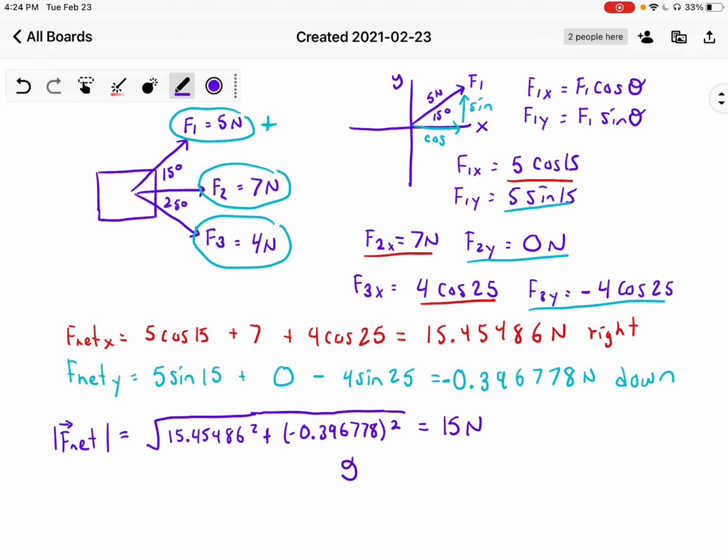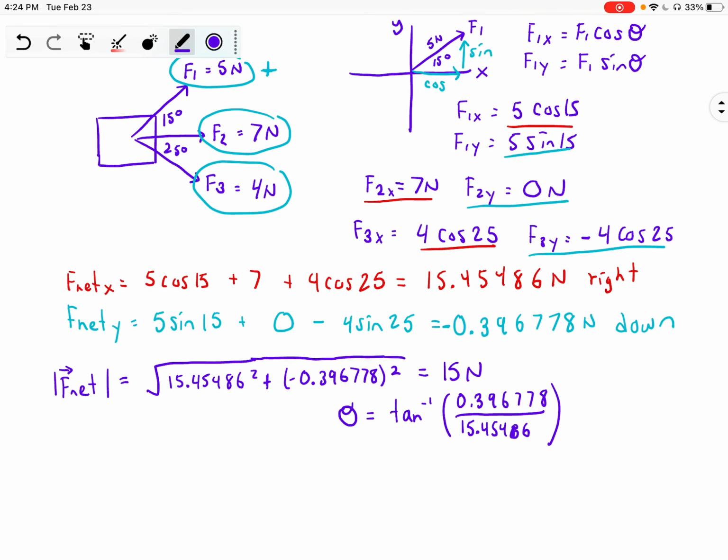My angle comes from the inverse tan of my y component, which is 0.396778, divided by my x component, which is 15.45486. And you'll notice that I didn't put the negative sign in, and that's because I don't want to confuse it.